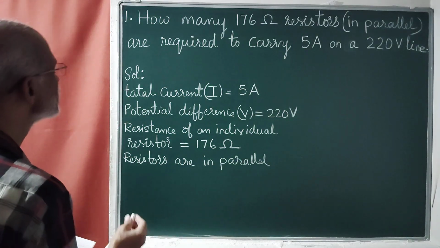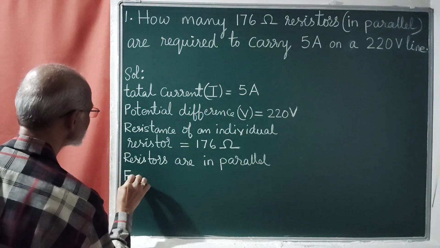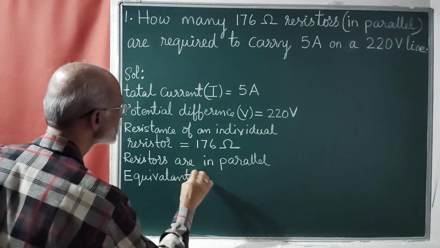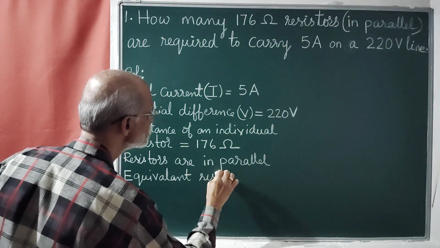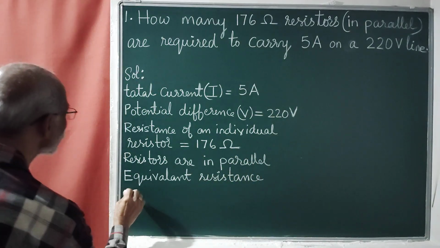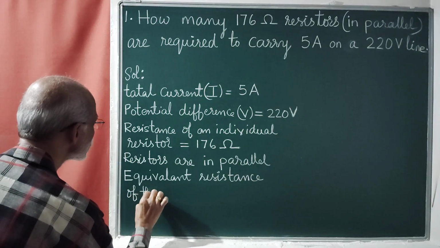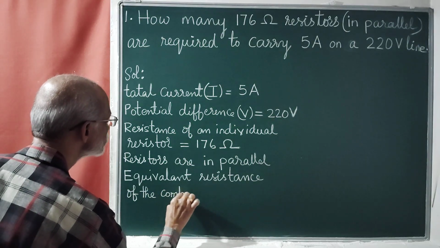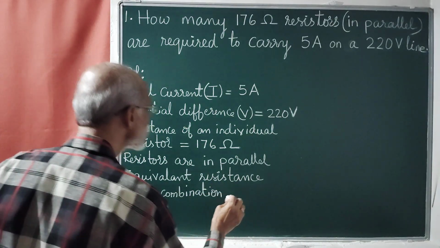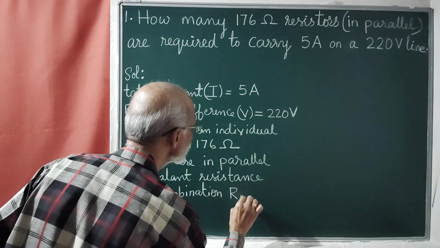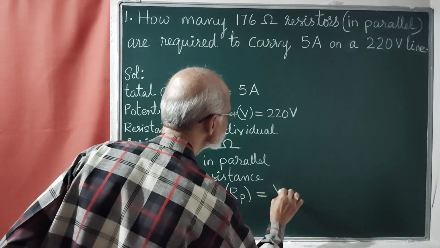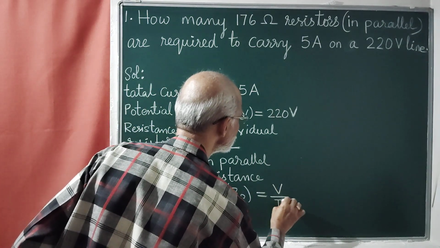When they are in parallel, the equivalent resistance of the combination, that is Rp, will be equal to voltage V by total current.